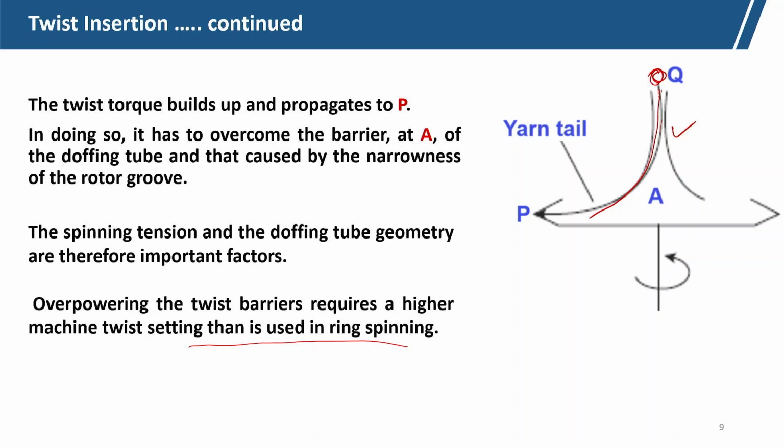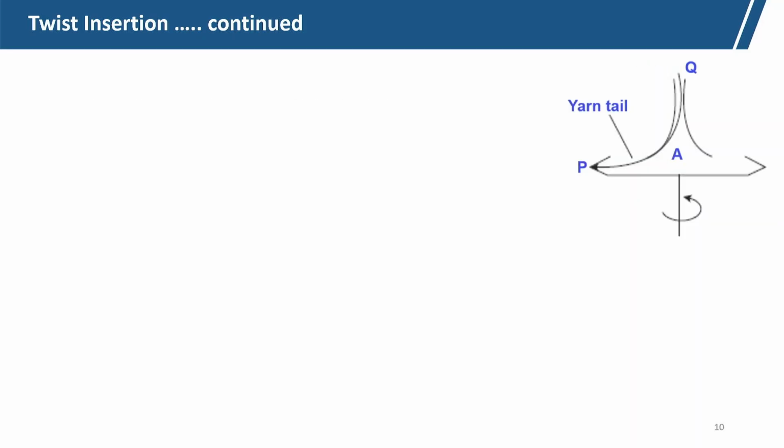If we use low twist, if we want to produce soft rotor yarn, there will be a problem. There will not be enough twist torque to be propagated to point P, which may result in immediate breakage. That is why we have to have a higher twist level than in ring spinning.